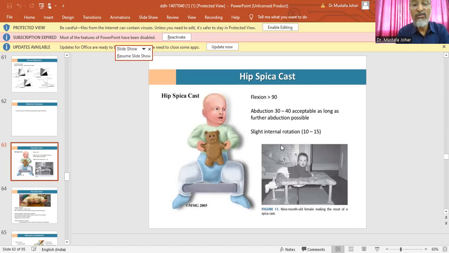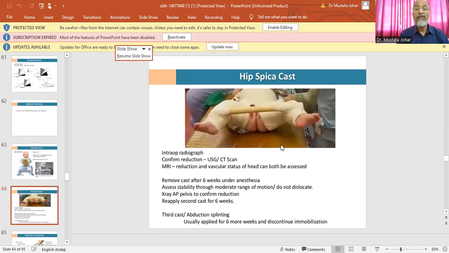This is a very comfortable position. The child can sit in the 90-90 position, and this is called the pantaloon cast, in which you can maintain the reduction of the hip joint. Then there is another variety of hip spica in which the 90-90 is not done, but it is just 30 degrees of flexion, abduction of 30 degrees and external rotation of some 30 degrees.